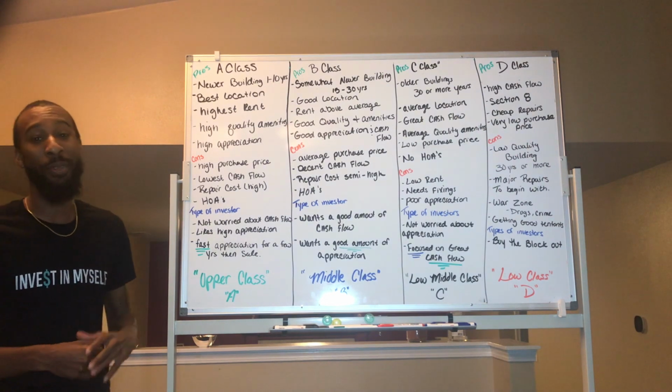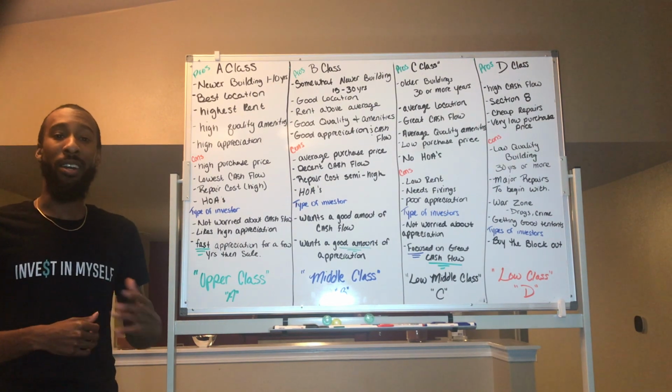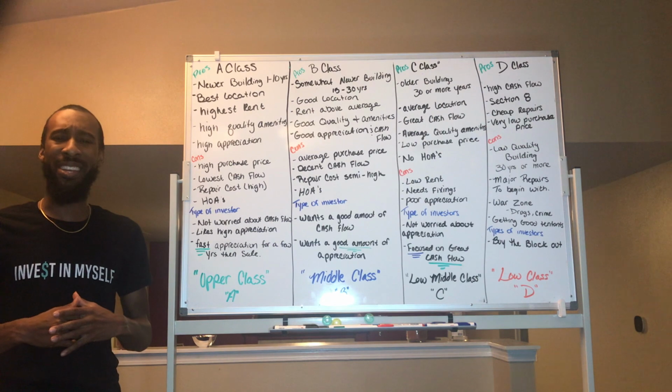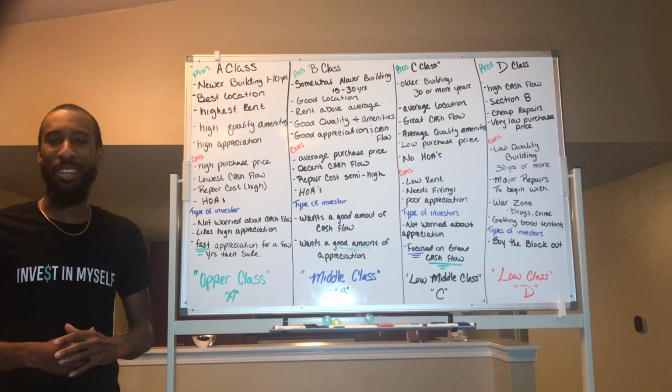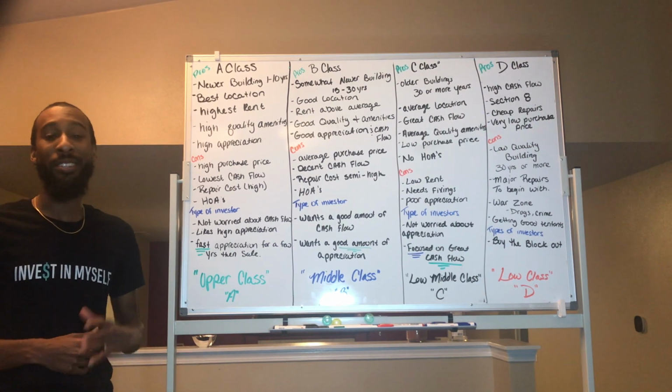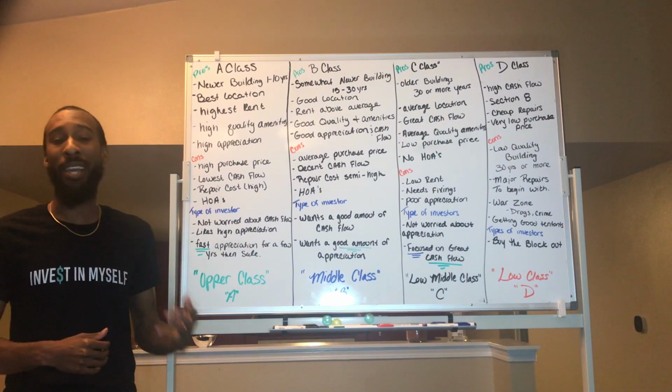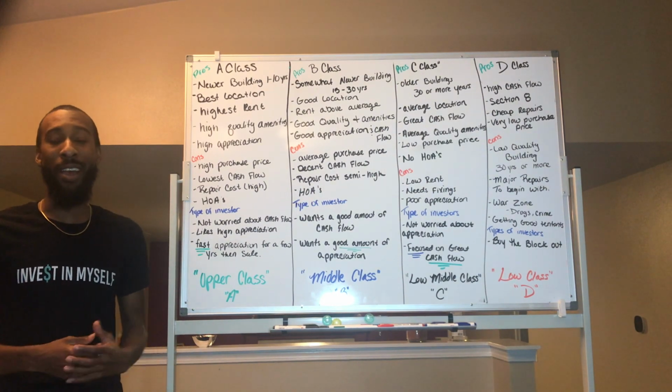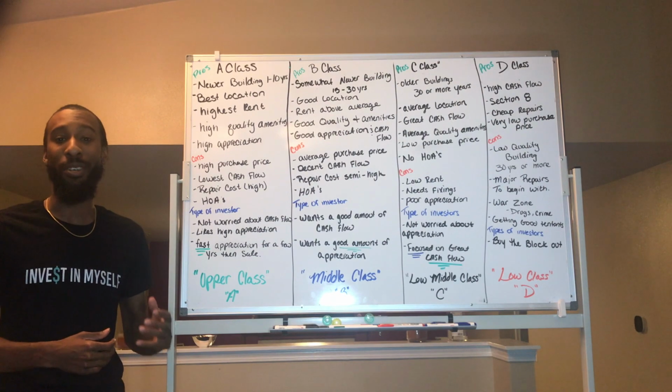Those repairs are going to be higher than for someone that has imitation granite countertops or things like that. So since the amenities of the house are high, if anything breaks down, those repairs are going to be high as well.